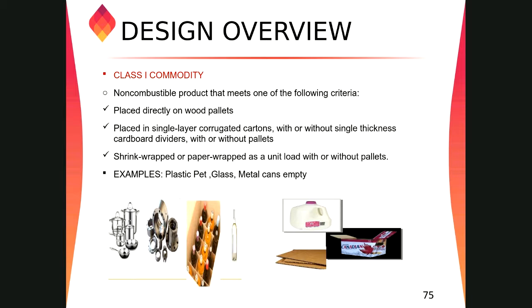They have given what comes under class 1 commodities: batteries, empty containers, flammable and combustible liquid up to 20% alcohol, food products, furniture and bedding, housing materials, and other miscellaneous items like motors and electric items, transformers, dry or empty without oil. So this comes under class 1 commodities.